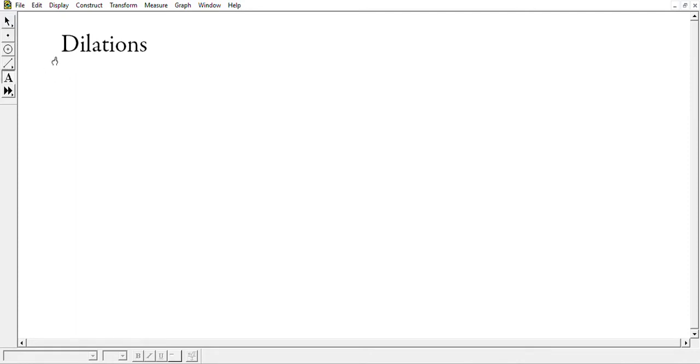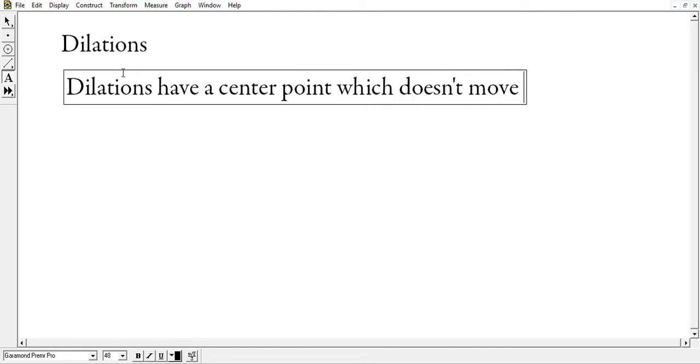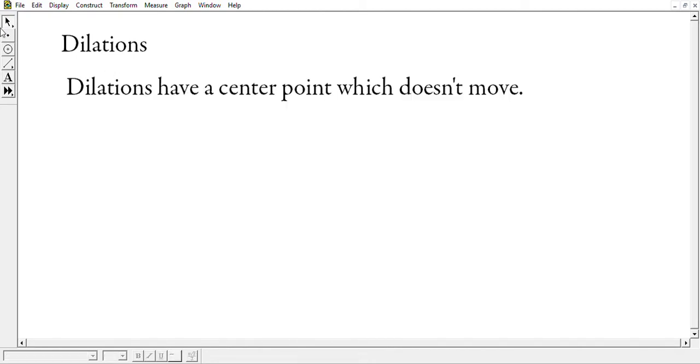So, like rotations, dilations have a center point which doesn't move. And I will typically call that point P. We'll put that point over here.